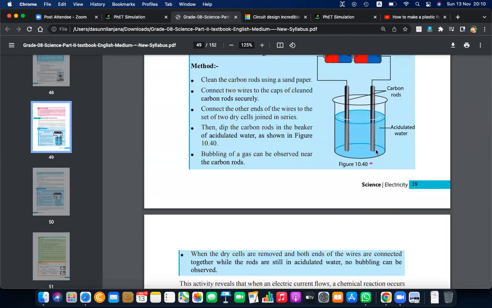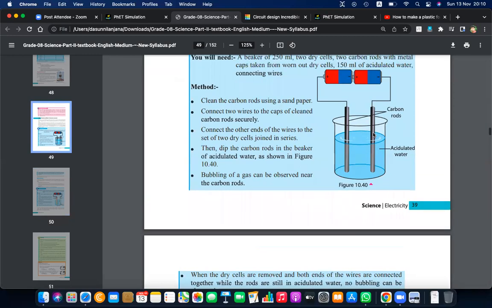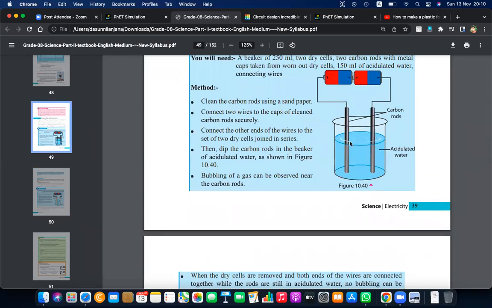That will show a bubbling effect, right? The bubbling effect appears if you are using the acidulated one, because bubbles are formed at one rod. You can monitor at which rod they form. Why? Because when electrons go through the solution, on one side the positive value will be higher, but on the other side the negative charge will be high.